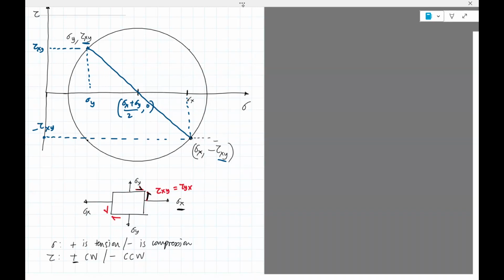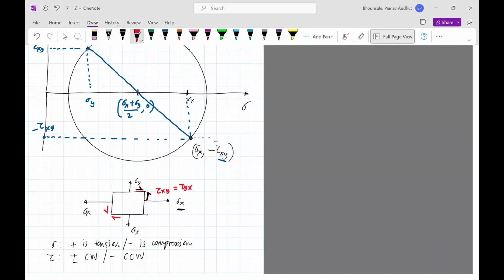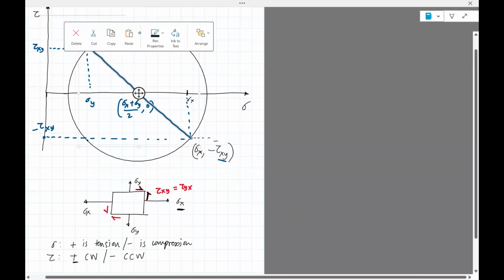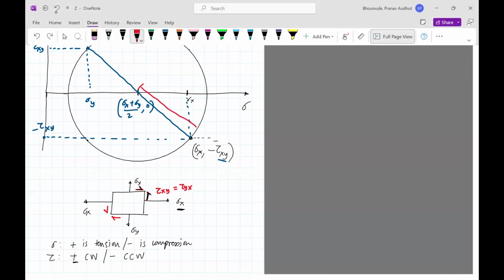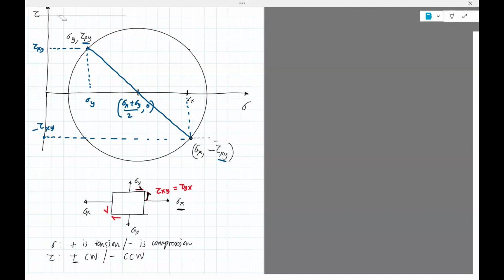Okay, so what is missing in this is probably the radius. So the radius is right here, r.